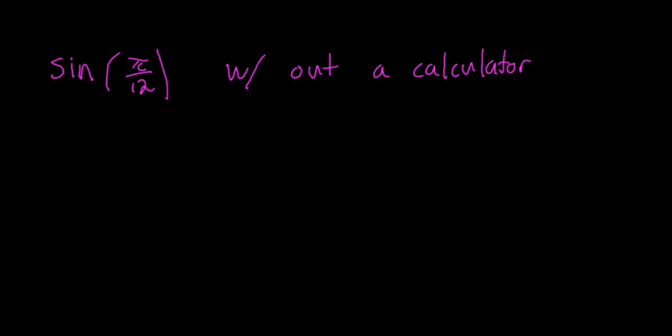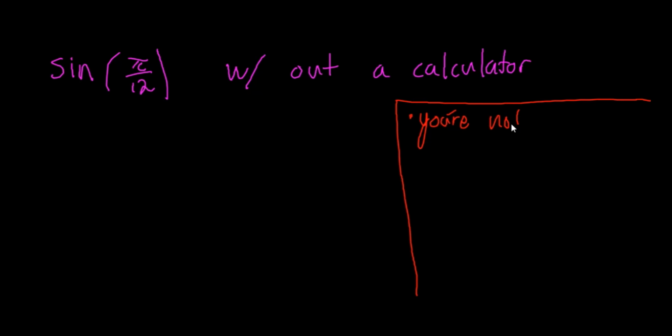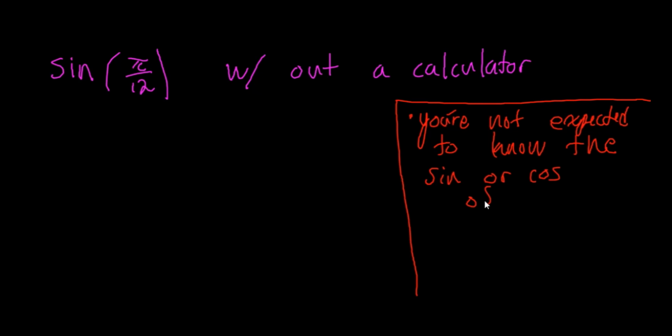Now, I just want to note down a few things before we begin. In general, you're not expected to know by memory the sine or cosine of pi over 12.